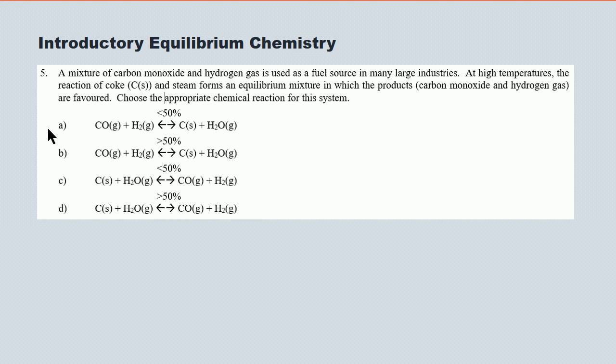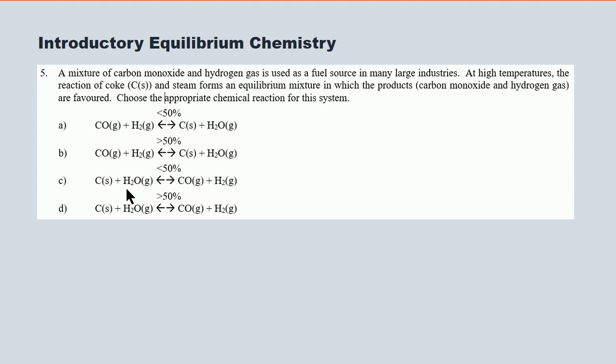A mixture of carbon monoxide and hydrogen gas is used as a fuel source. At high temperatures, the reaction of coke and steam forms an equilibrium in which the products, the carbon monoxide and the hydrogen, are favored. Choose the appropriate chemical reaction. We're looking at a reaction between coke and steam, which is H2O in gas phase. So A is out and B is out.